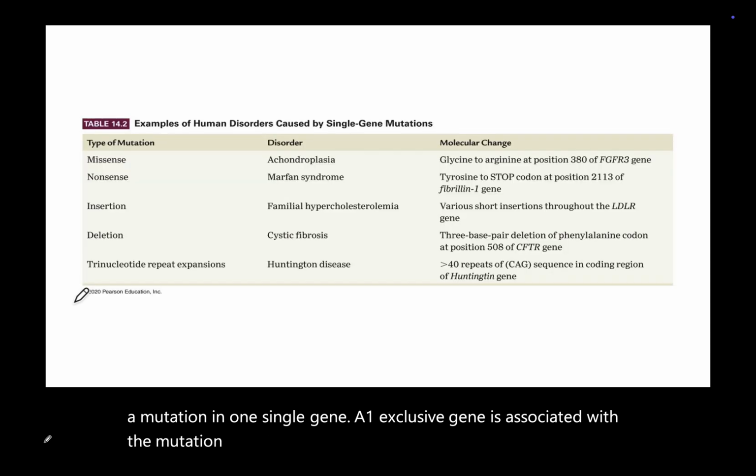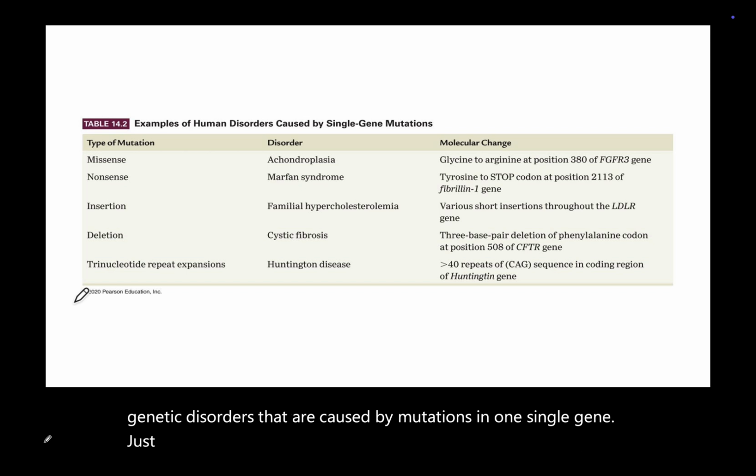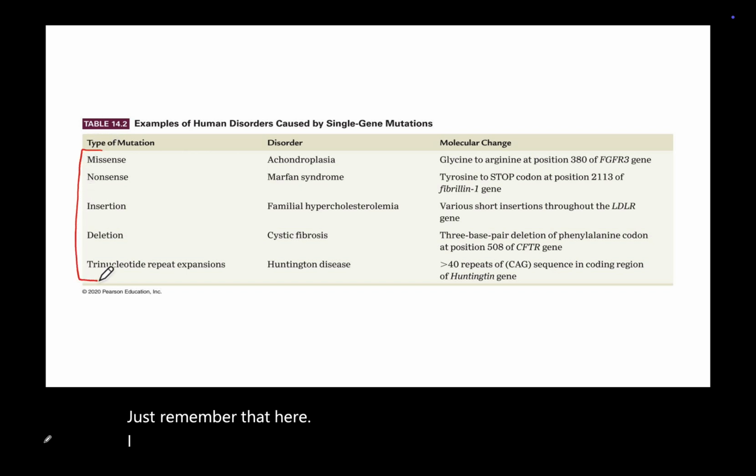Okay? So in this table, I am giving you some examples of genetic disorders that are caused by mutations in one single gene. Just remember that here I am showing you the type of mutations, and here are the disorders.